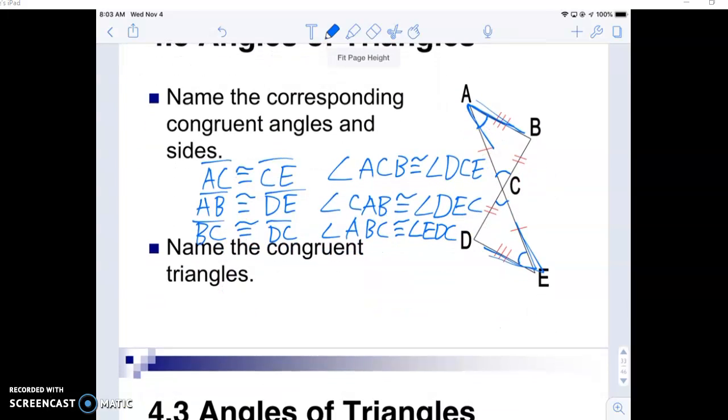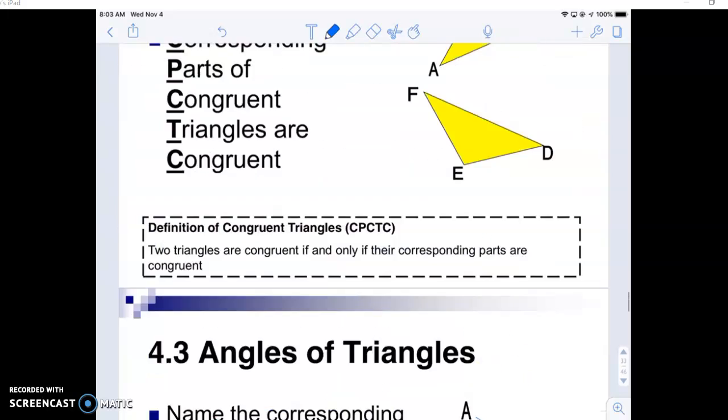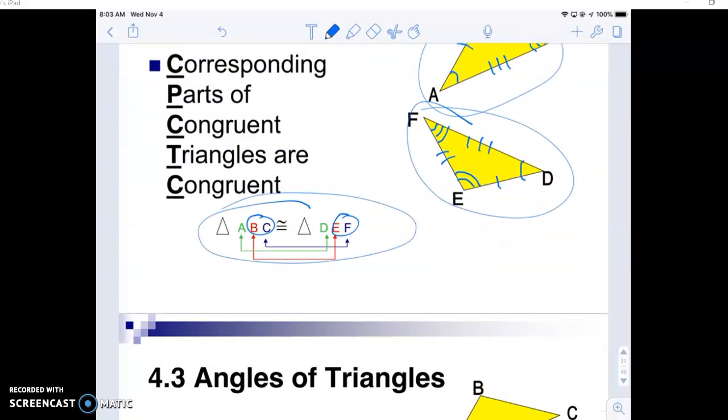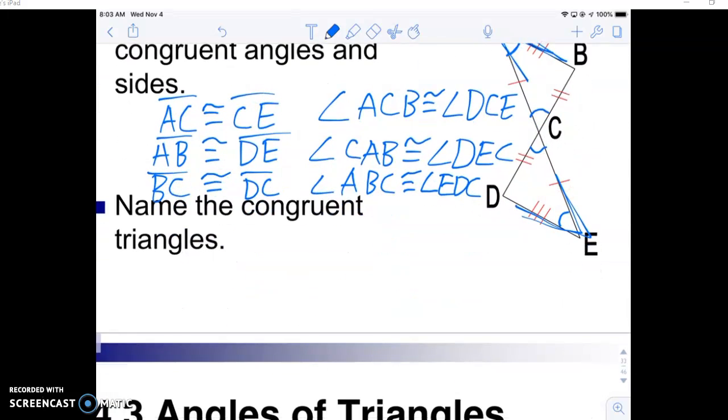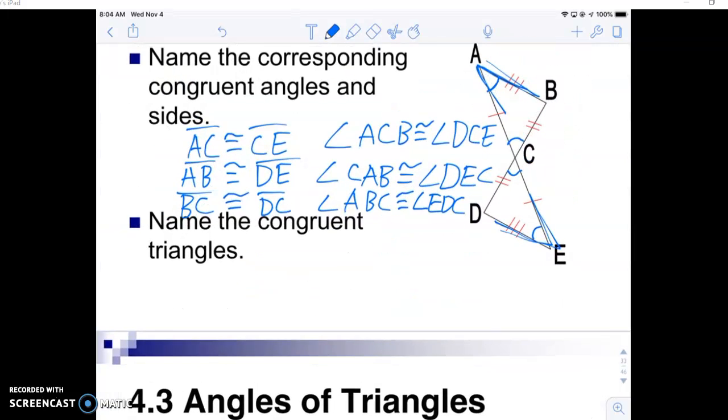Next it says name the congruent triangles. And remember, like I said, with this, order does matter. The order of the letters that you write matters for triangles, because then you know what sides line up with each other.